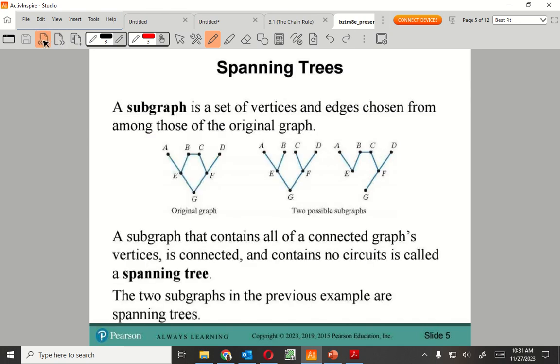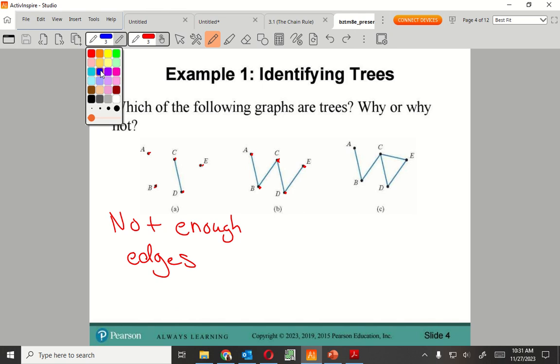Not 5. 1, 2, 3, 4. There it is. There's 4. If n is 5, that means I have 5 vertices, and n minus 1, so 5 minus 1 is 4. I have the right amount of edges. Is every single thing connected? Is there only one path to go from A to E? Yes, there is. So this one is a tree.